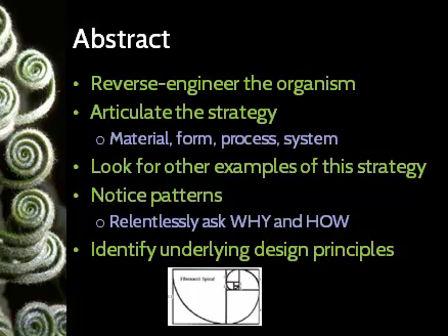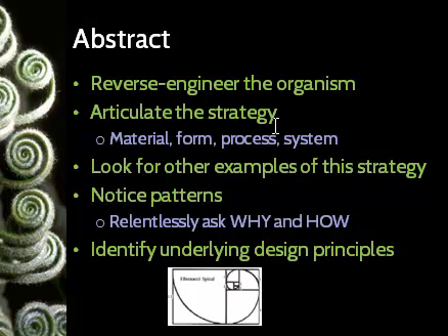Abstract, and I'm going to whip through this today in this lesson because we're going to go into it in more depth in the Challenge to Biology Design Spiral, but the idea of abstract is you basically reverse engineer the organism. So you want to be able to articulate, describe the strategy that you see, that you're inspired by, and it'll be in terms of material, form, process, system, or some combination.